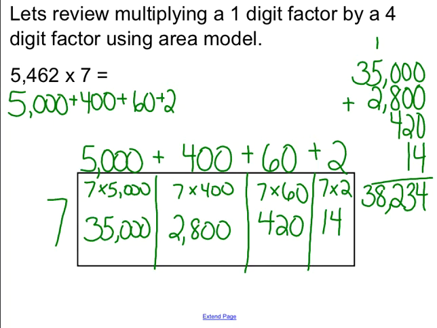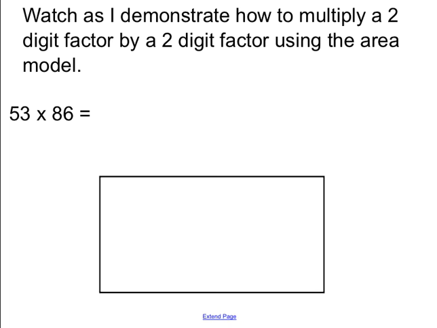Now we're going to do it showing 2 digits by 2 digits. Okay? So watch as I demonstrate how to multiply a 2-digit factor by a 2-digit factor using the area model. So I have 53 times 86. Now, the first step is the same as when we did area model in chapter 2.